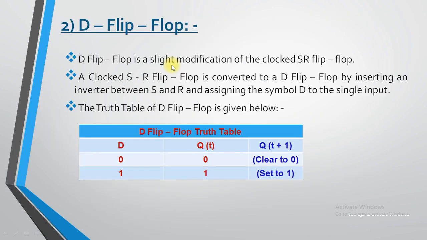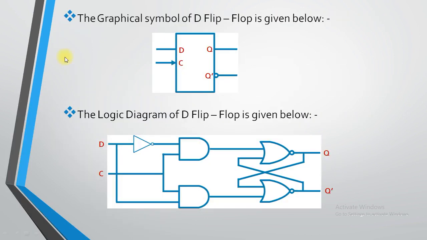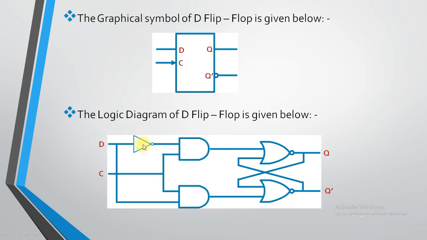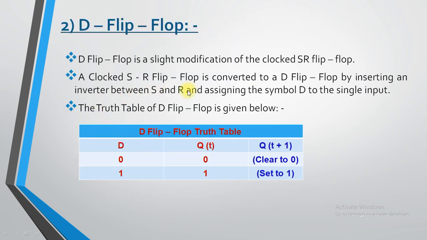Now let me share the D flip-flop graphical symbol and logical diagram. From this point, a clocked SR flip-flop is converted to the D flip-flop by inserting an inverter. See, we have inserted the NOT gate over here between S and R and assigned the symbol D as a single input.